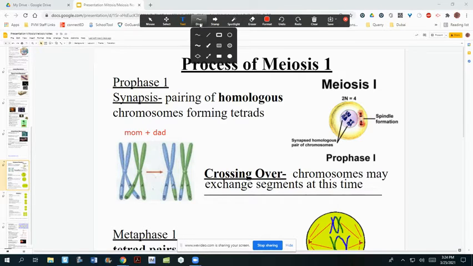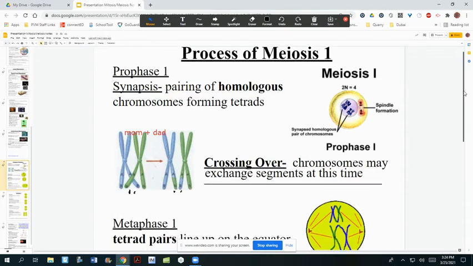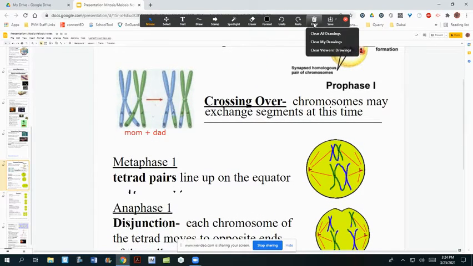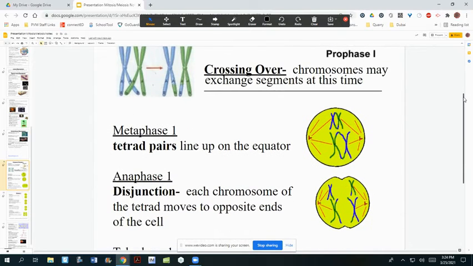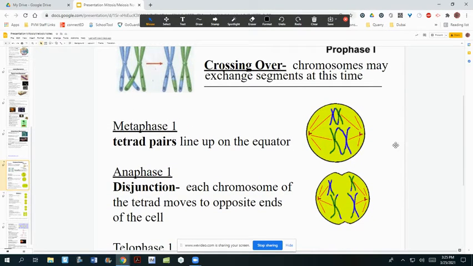So there might be a gene for eye color on here, and it's going to swap the eye color gene between mom and dad, giving the potential offspring different combinations of genes. That's what crossing over does. It shuffles the genetic deck, giving opportunities for new, unique combinations of genetics that wouldn't normally happen through mitosis.